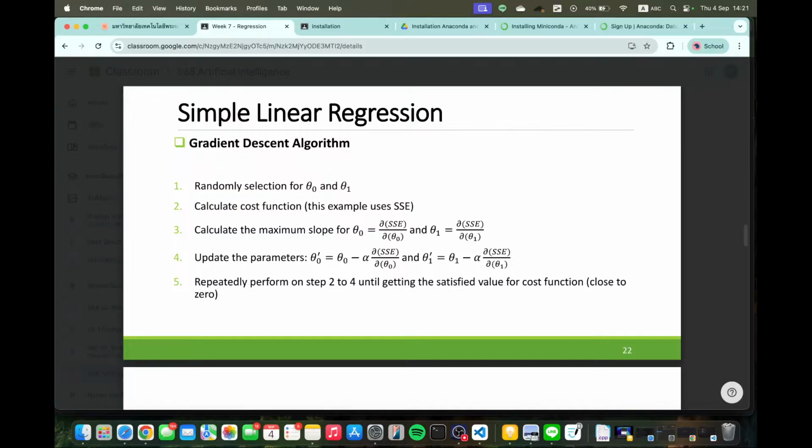Let's see this table again. I think everyone can calculate this. This means y prediction, it's not the average. The y prediction when x equals 0, you get y predict as 0.5, and then you can calculate the sum square error. Next we can calculate the difference between the actual y and the y prediction, like this one and this one.